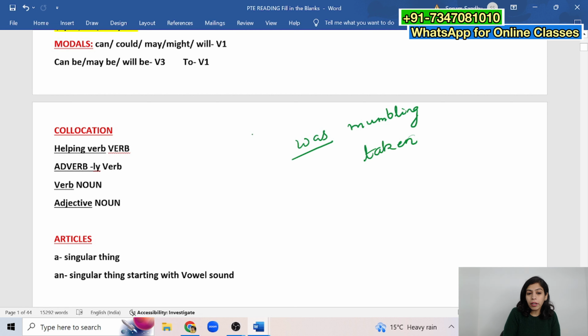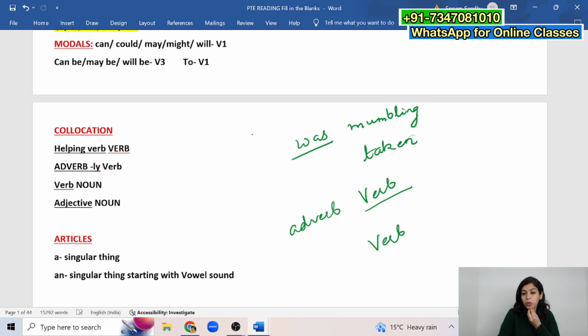Okay. Now, before a verb, there will be an adverb. So for example, the verb has been used, so you're going to get an adverb before the verb. Now, if a verb has been used, you are going to use a noun after the verb. She was doing her work. It was taken by her.